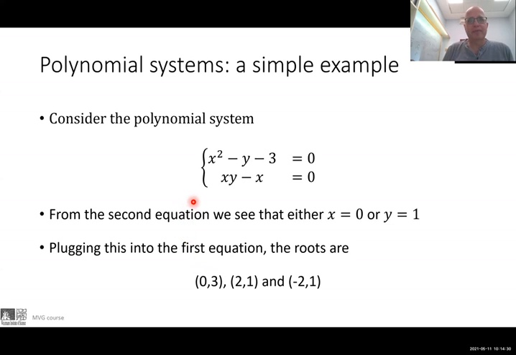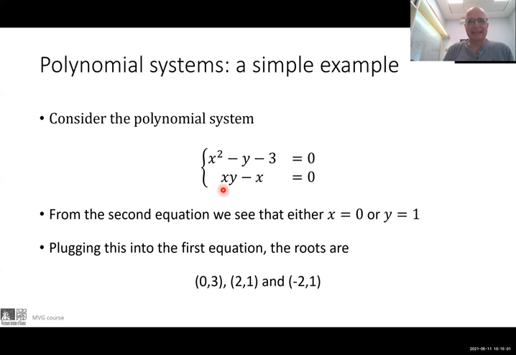Here we have two quadratic equations: x squared minus y minus 3 equals 0, and xy minus x equals 0. And we want to solve them, but we want to develop a general way of solution. Now, I said that this is a simple problem. It's simple because you can notice immediately that the second equation can be written as x times (y minus 1).